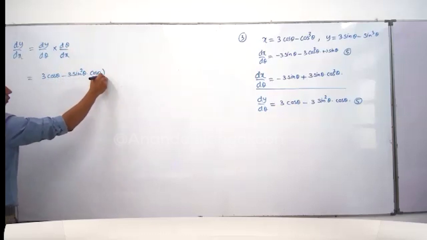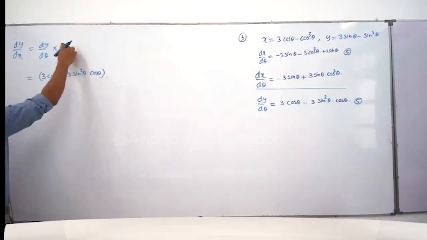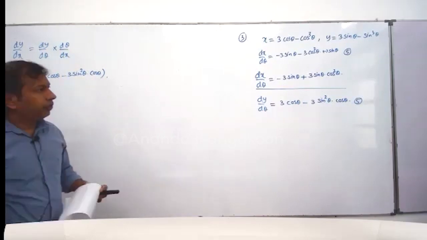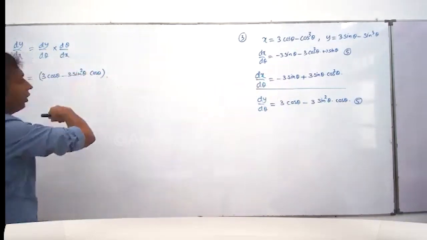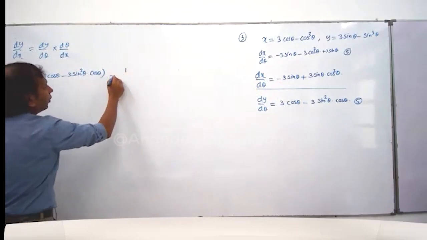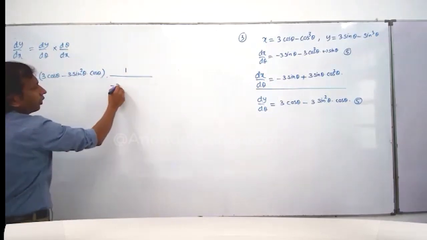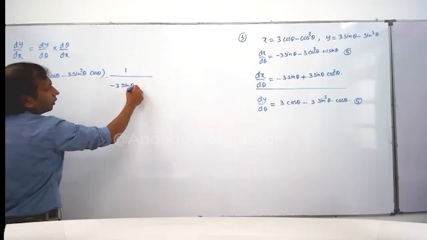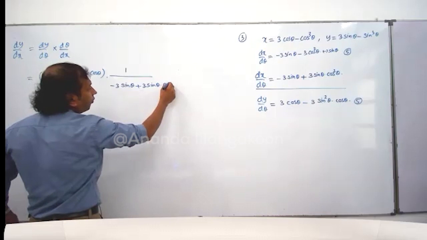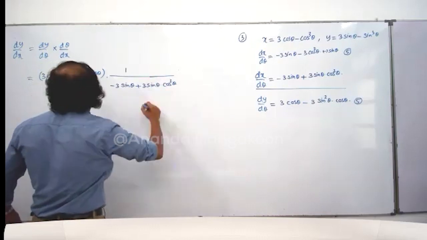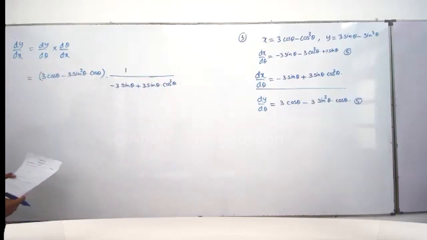And d theta upon dx is the reciprocal of dx upon d theta, so here we need 1 over (minus 3 sine theta plus 3 sine theta cos square theta).